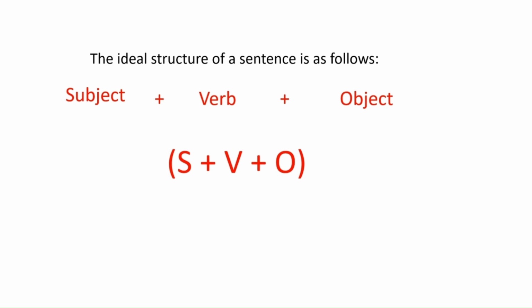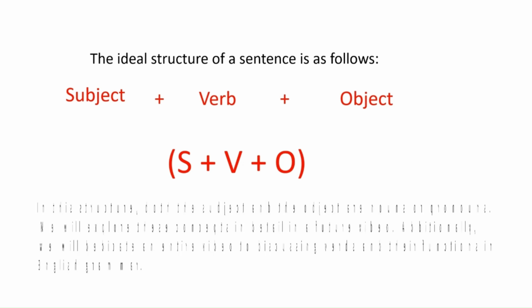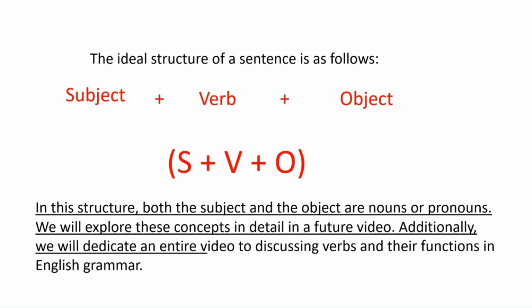The subject and the object mostly are nouns or pronouns, while the verb is an action or a certain behavior. We will explain that in detail later when we discuss the parts of speech. But now let's take some examples.